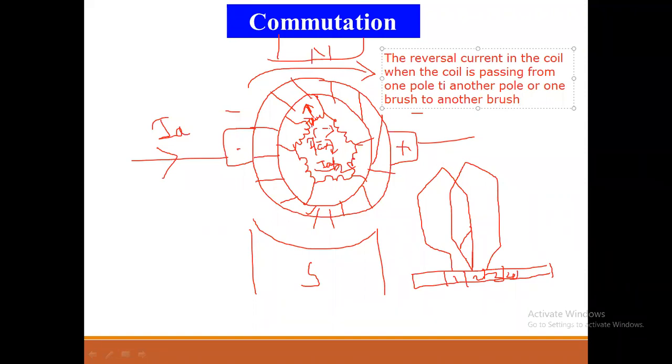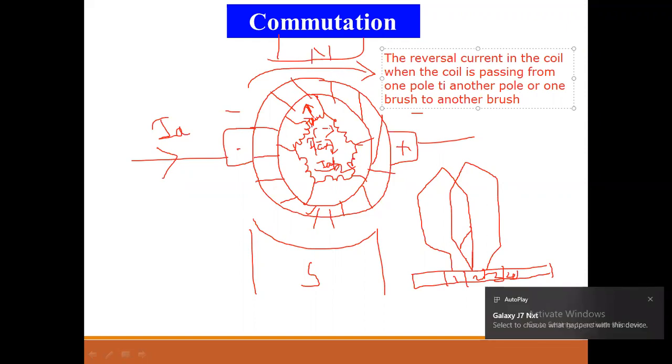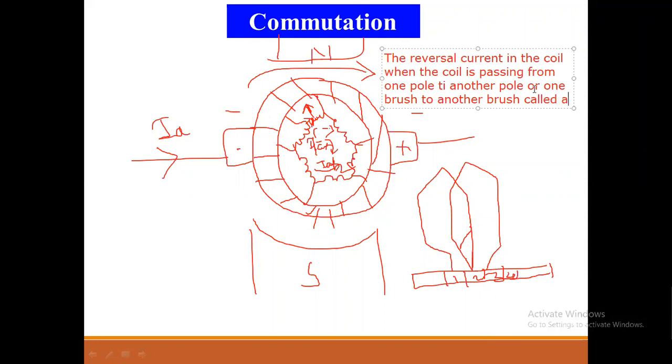Okay, one brush to another brush. So this process is called commutation. See, what did I say?